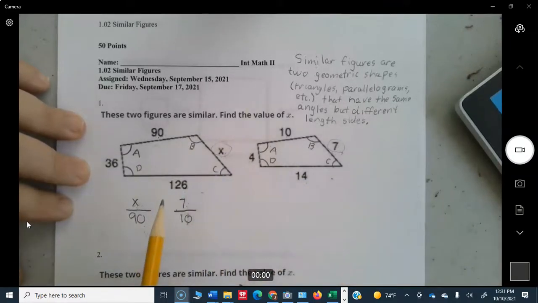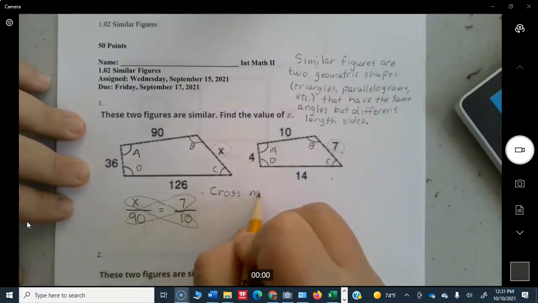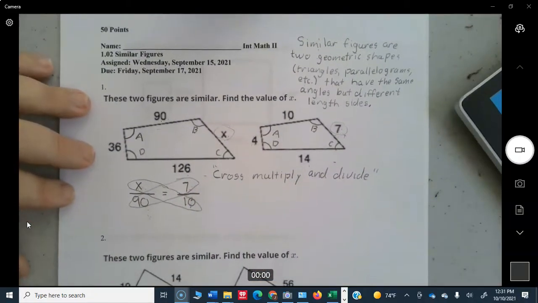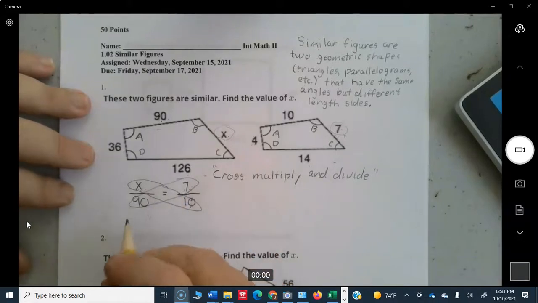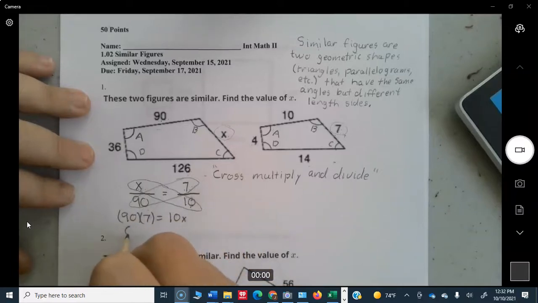But the way you solve a proportion is you cross multiply each of these terms across the equal sign and then divide. So let's write down that rule. That's the rule for doing all of these. So what we have is 90 times 7 equals 10 times x. 90 times 7 is 630 equals 10x.